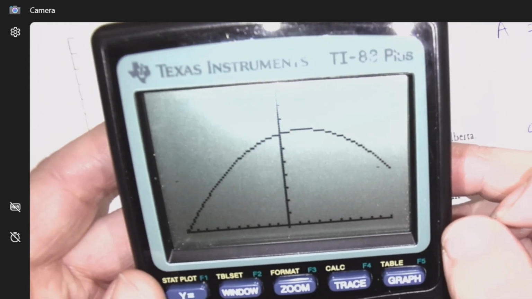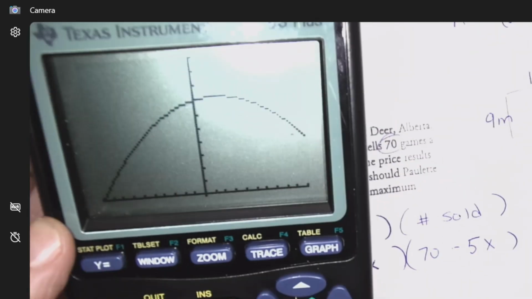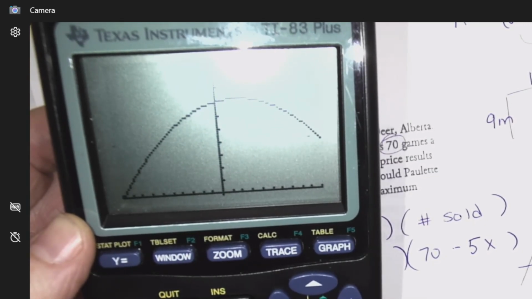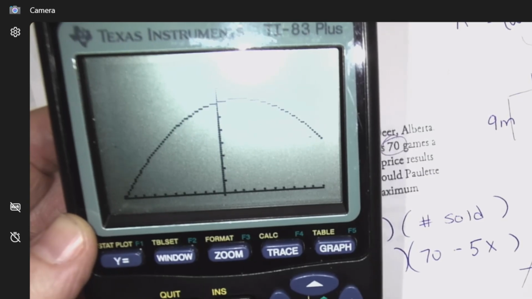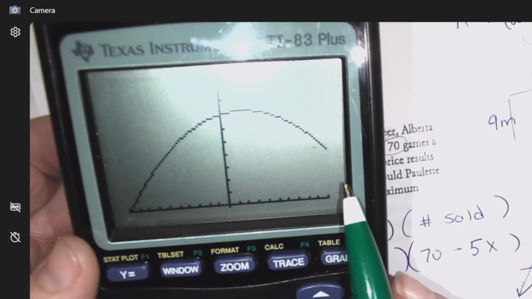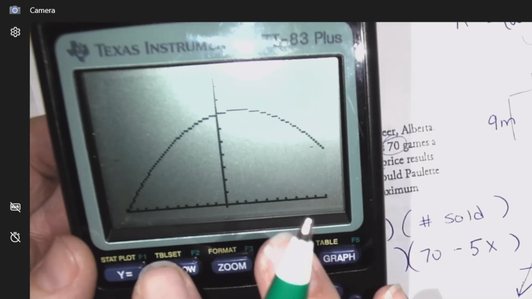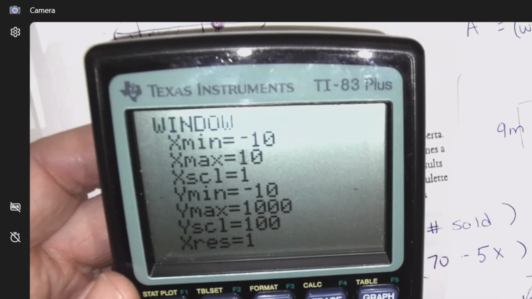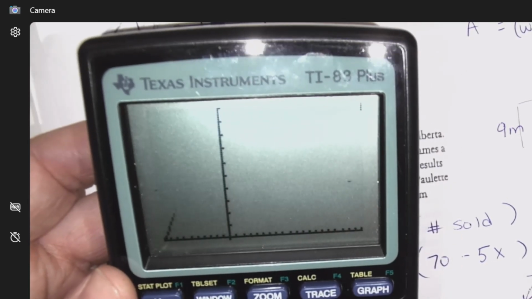Pretty good. Can I move to the right more? I would like to see this more. So I'm going to go back to my window. I'm maybe going to change the X instead of 10 to 20.